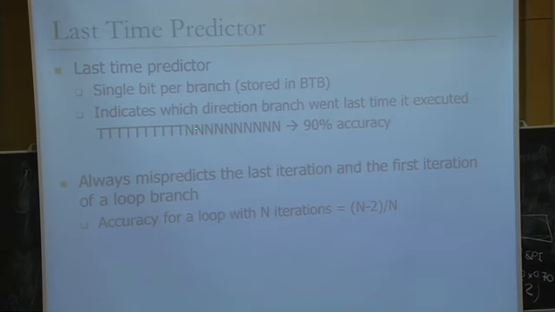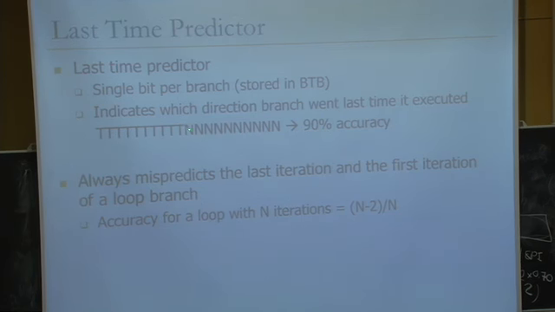And the next time, you will predict this as, well, what will you predict that as? You'll predict that as not taken. Now, why do we have 90% accuracy here? Did I make a mistake? Yeah, it should be 95 then, right?